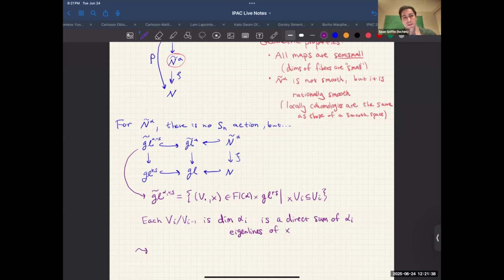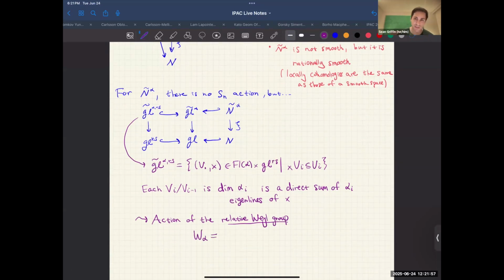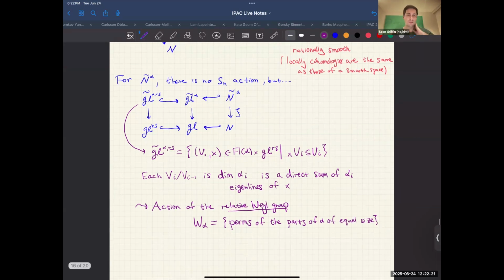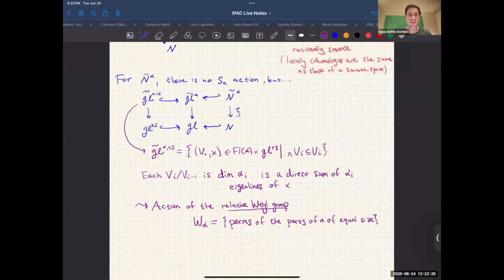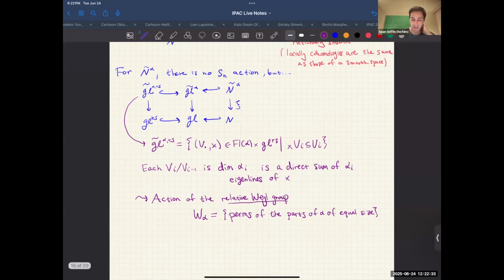Basically this gives you an action of what's called the relative or partial Weyl group, which I'll call W_alpha. To describe it in words first, it's the permutations of the parts of alpha that are equal. If you imagine swapping the different parts of alpha, you're only allowed to swap parts that have the same size, and then you take all of the permutations you get that way.